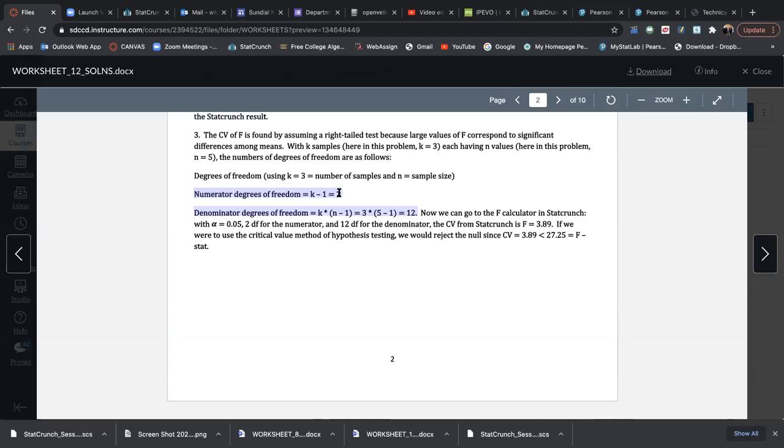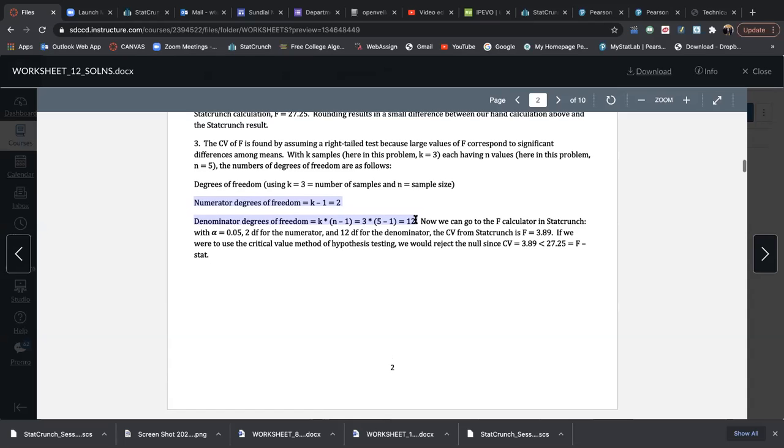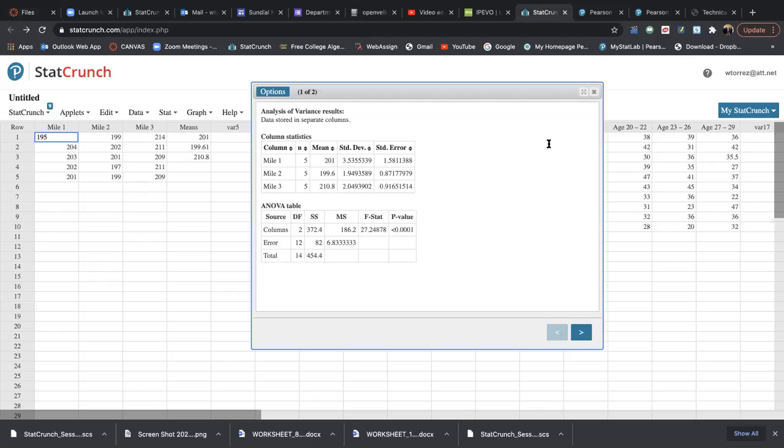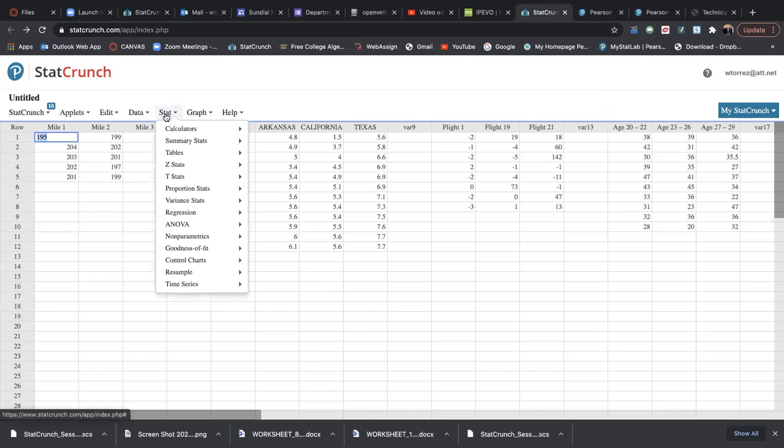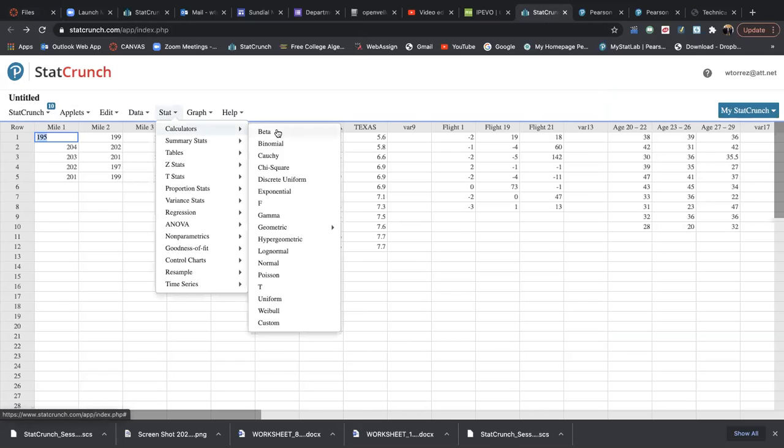So that results in degrees of freedom for the numerator is 2, degrees of freedom for the denominator is 12. Okay, now let's go back to StatCrunch and calculate our critical value using the F calculator. So again, we'll go back to Stat Calculators. We'll choose the F distribution here.